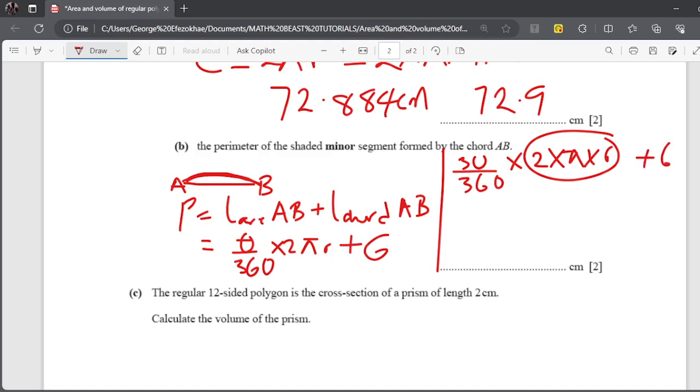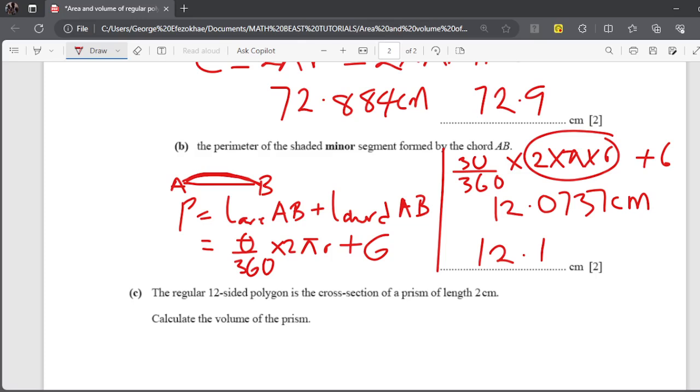So it's going to be 30 over 360 of the circumference, plus 6. That's going to be 12.0737 cm. To 3 significant figures, that gives us 12.1 centimeters.